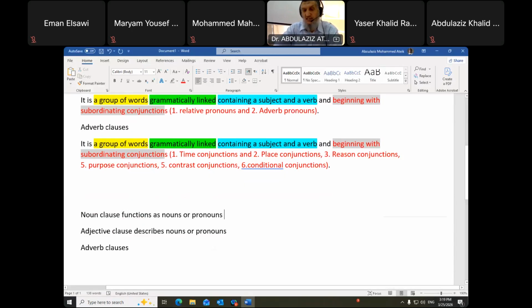What are the functions? They function as subject, subject complement, also subject and object. Let me add here, and I'll tell you why.